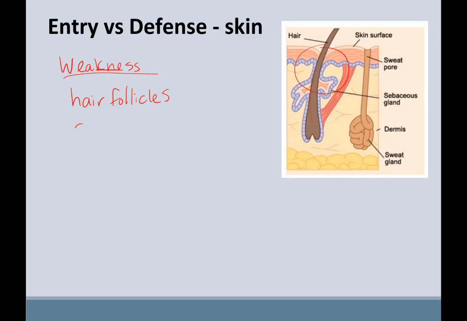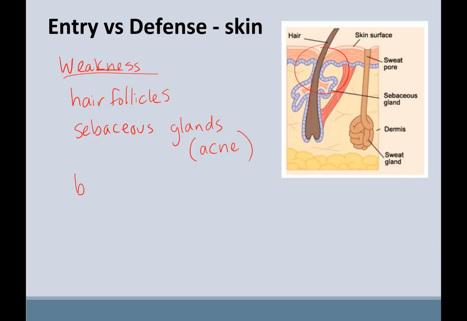Along with that, those sebaceous glands, those fat-producing, oil-producing glands, that's where you get your acne. Right? So some organisms like that fatty acid environment, and so they grow there and they cause nice, lovely pimples. Okay.